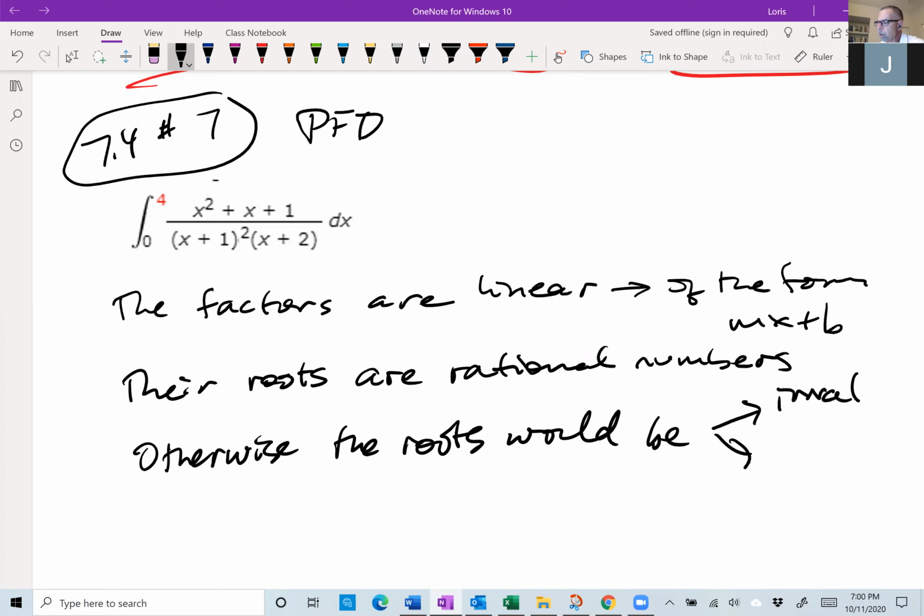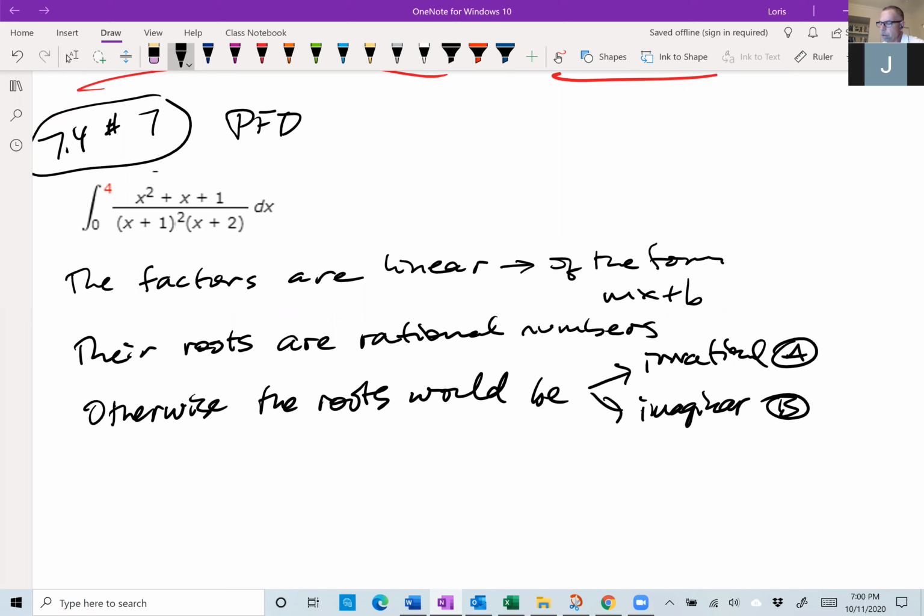If they're irrational, an example of the first case, let me not use A and B, let me use 1 and 2. One of the factors might be something like x squared plus 3, actually even minus 3.